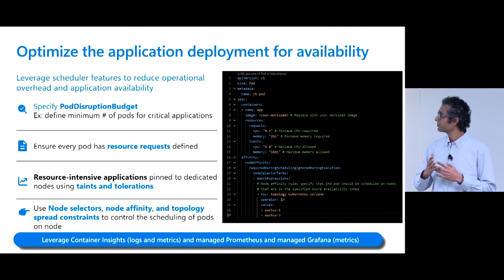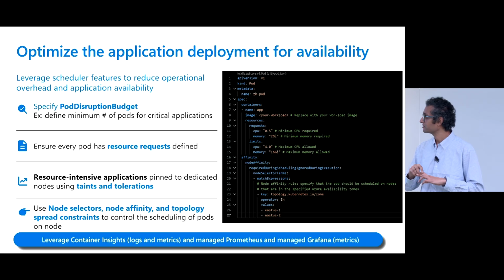And then, coming to resource-intensive applications, you can always use taints and tolerations to pin them to the correct set of nodes, mapping pods to nodes. That way you manage the intensity of the applications.